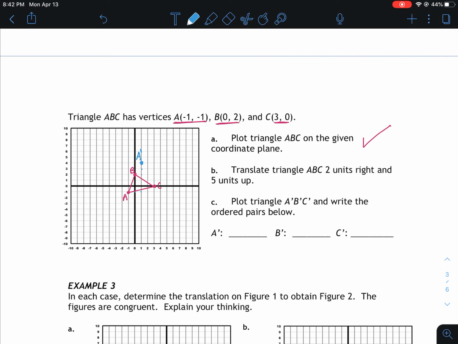I'm going to do B the same way. I'm going to go to the right 1, 2, and up 1, 2, 3, 4, 5. So we have letter B prime. And then we're going to do C prime. Go over to the right 1, 2, and up 5: 1, 2, 3, 4, 5. And then again, we're going to connect them.